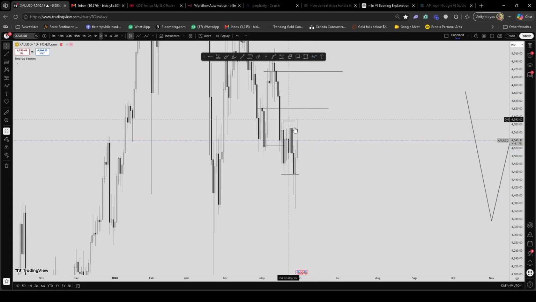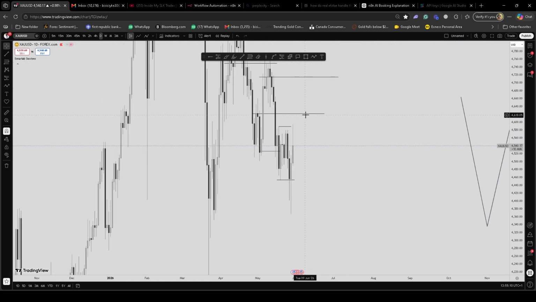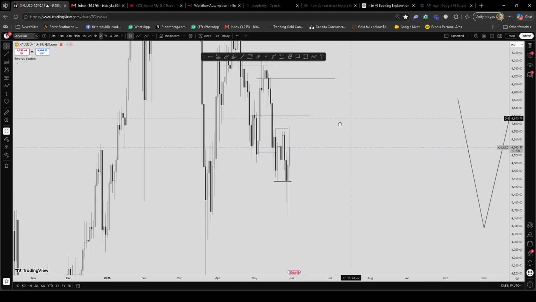But if you keep having rejections to the offside, then maybe price is coming for these key levels right here. Always wait for price to give you that confirmation before you start selling. If you don't get the confirmation, focus on the buy. Maybe we have a long-term pullback, which might happen, but I'm expecting price to give us a reaction at this QM right here, because this is a valid QM.